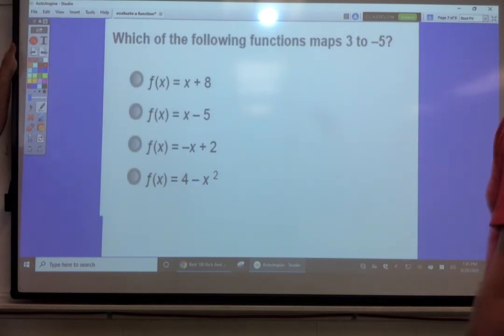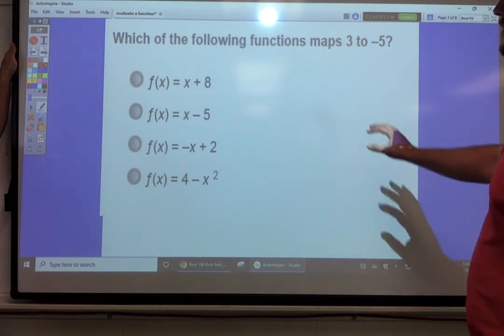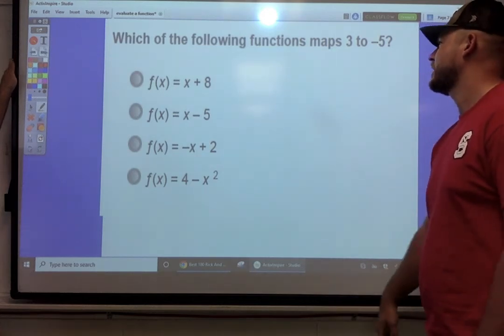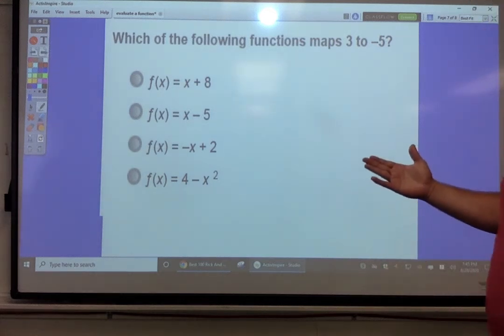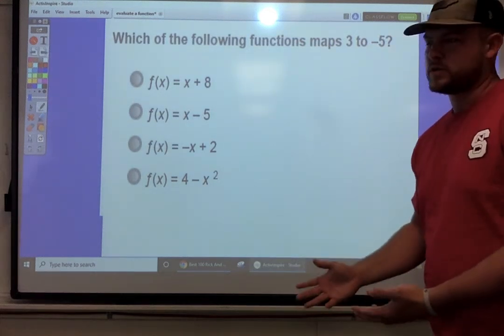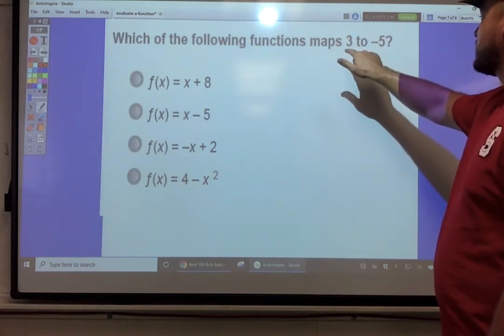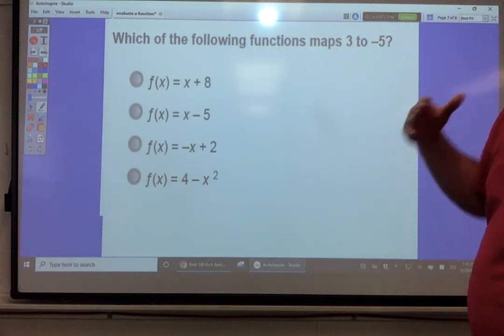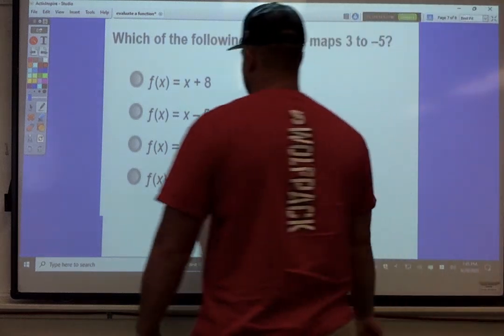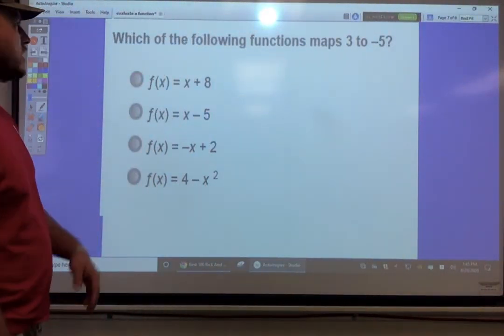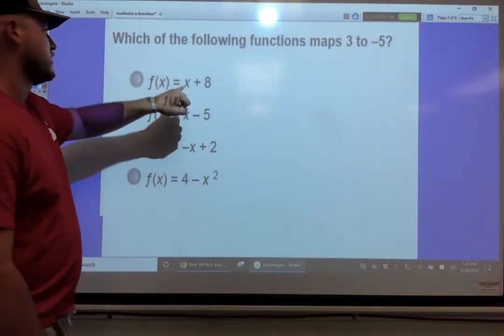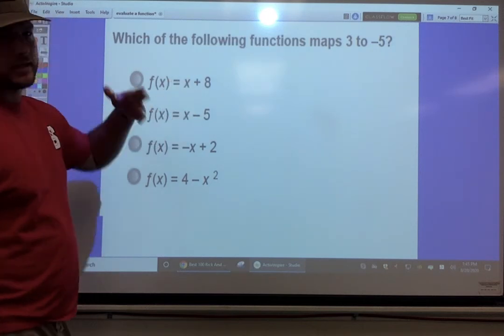Here's one. Which of the following functions maps 3 to -5? So I know the vocabulary is a little bit different here, but maps is basically saying which one is giving us the example where if we plug in 3 for x, we get a -5. So if we plugged in 3 to the first one, 3 plus 8 is 11.